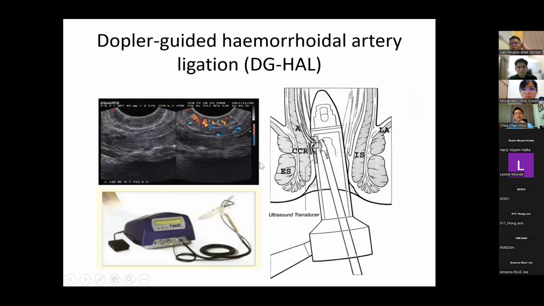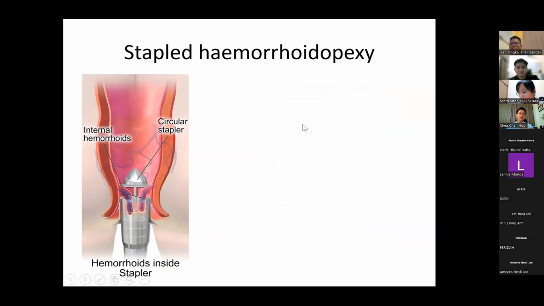Newer technologies are available nowadays. So we use ultrasound guidance to look for the main hemorrhoidal artery, right? And then we apply a stitch to it. So this will cause the main blood vessel to the hemorrhoids to be ligated off, and hopefully it shrinks off. Okay.